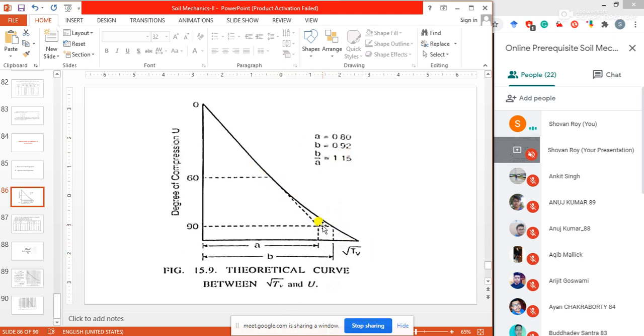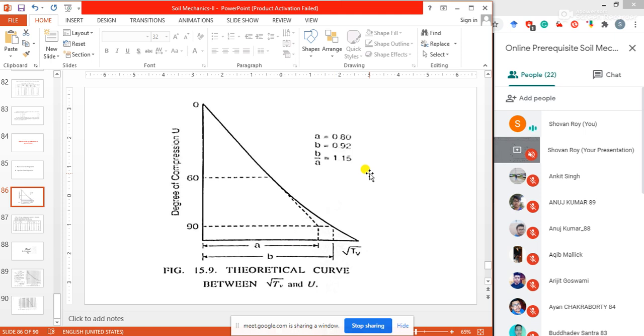This is the actual degree of compression or consolidation, this b value, but if we draw a tangent or straight line, this is the a value. And this deviated part we can calculate by b by a, that is 1.15 times.